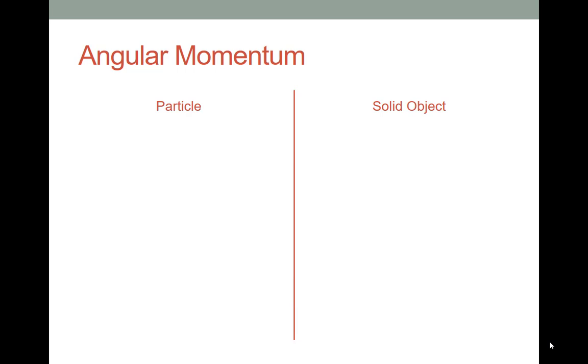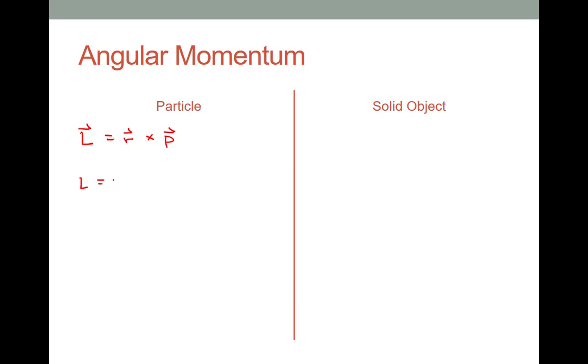We can think about the angular momentum of a particle or for a solid object. For a particle, the angular momentum, capital L, is found by the distance from the observation point, if you will, so r, cross the linear momentum.